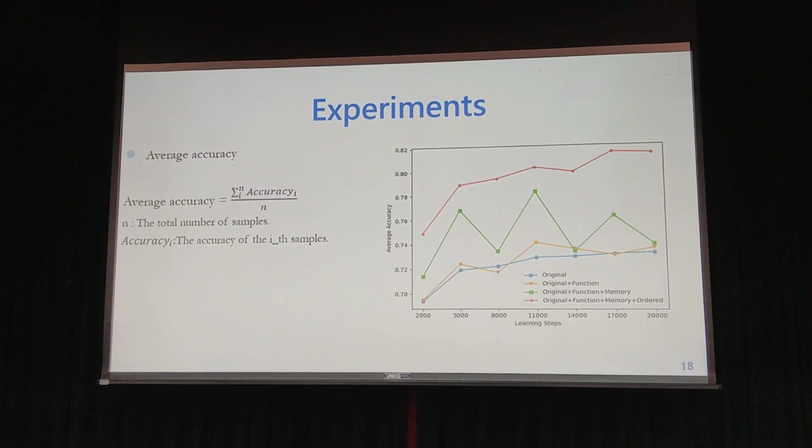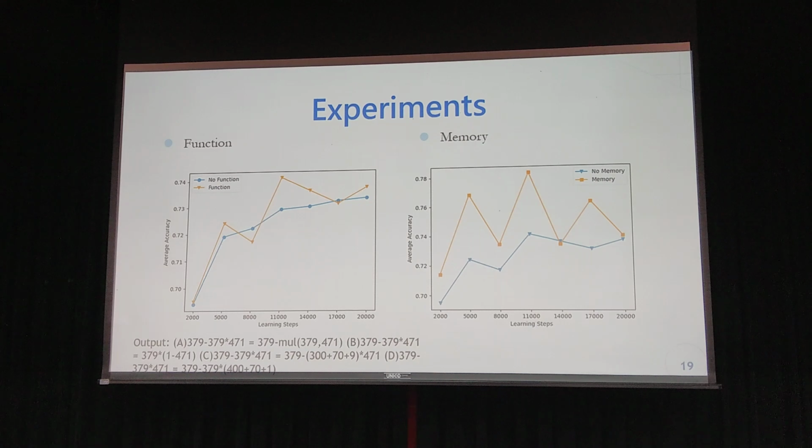However, when we add in the function, we find that the function does not improve the average accuracy a lot. This is because the multiplication and division problems involve large numbers, and the model tends to calculate through decomposition.